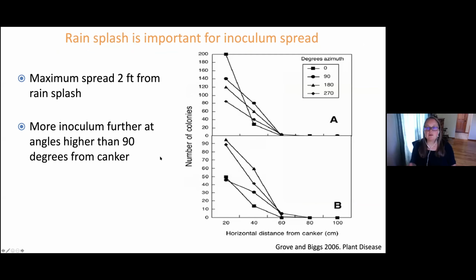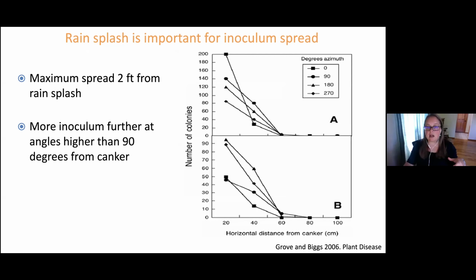Okay, so one thing that we're really curious about is how Cytospora is moving around. This is some work by Grove and Biggs, and what they showed was basically that the maximum spread they get from rain splash is about 2 feet. Here you have the horizontal distance from a canker, and this was the number of colonies. Basically, they set out plates in front of a canker at different angles, 0, 90, 180, and 170 around a canker.